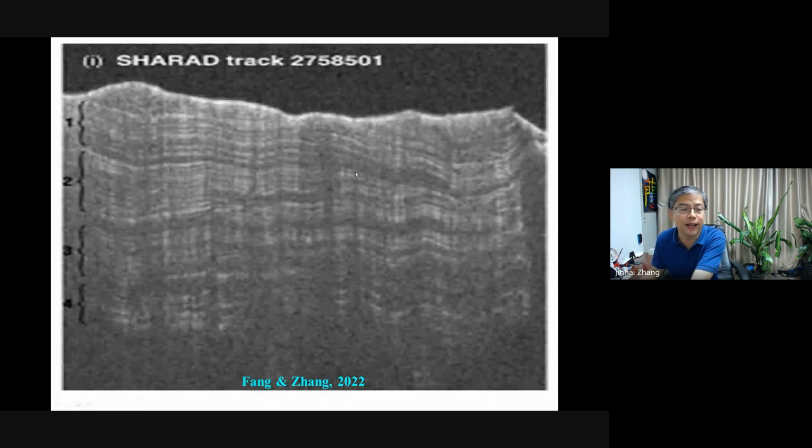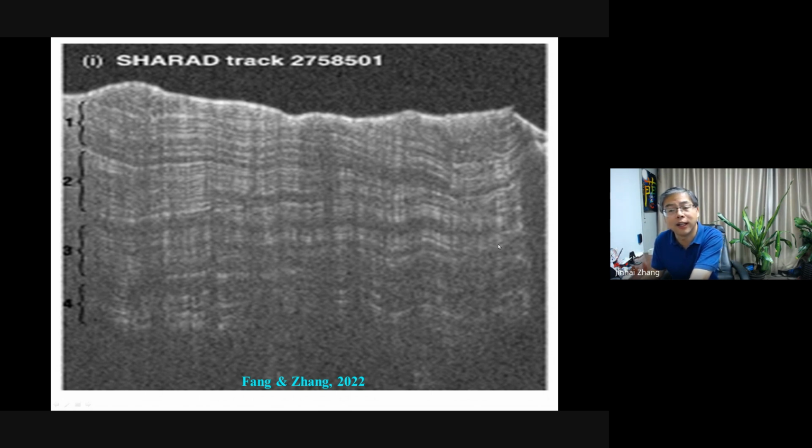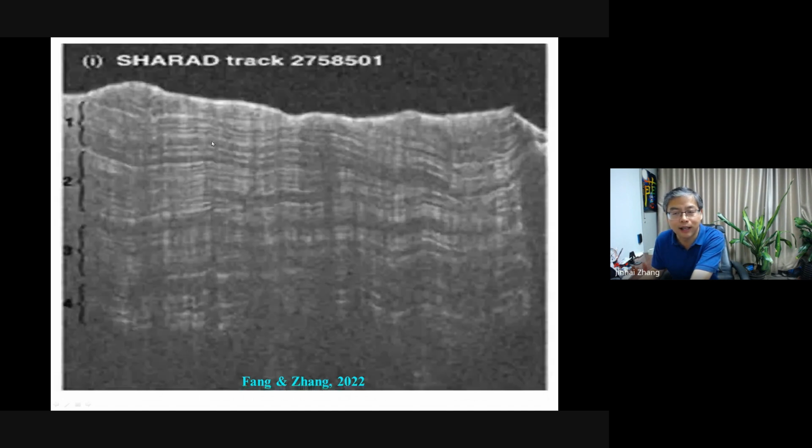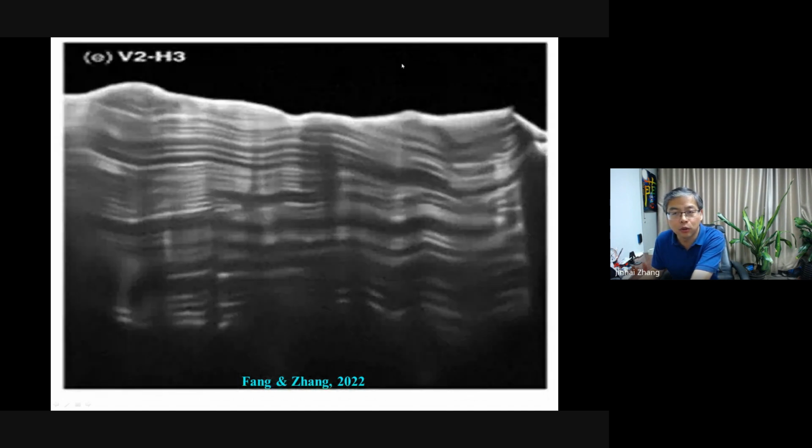For another case, this is region B. We can see many tiny reflections here, but finally we know it's not laterally continuous. After using our method, the above-surface noise can be almost completely reduced.